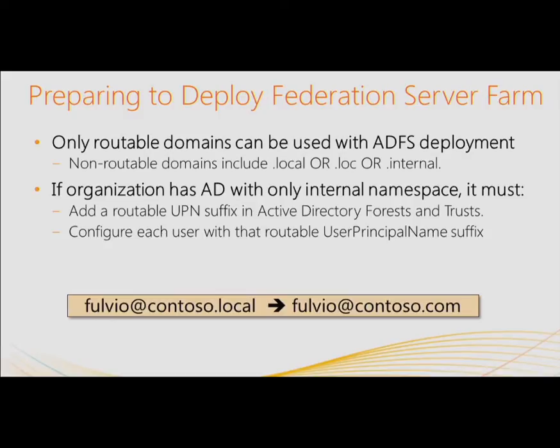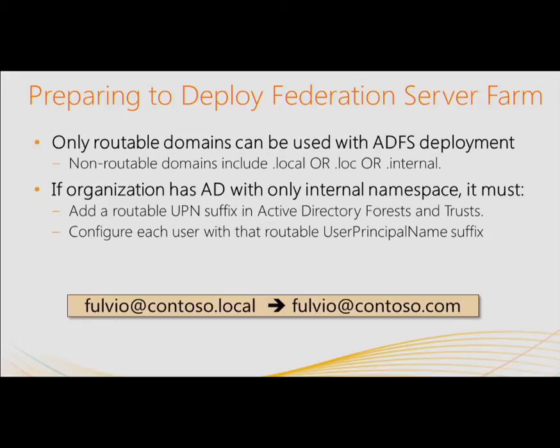So if you have something like domain.local, something that is not routable, so not .com, not .net, and so on, you need to add, as we did just a few minutes ago, an additional routable UPN suffix to your Active Directory Forest and Trust, and also change with a script all the users that you want to enable for ADFS single sign-on inside your company.